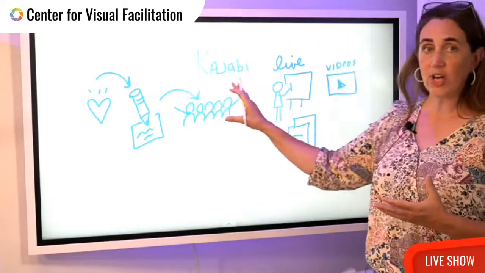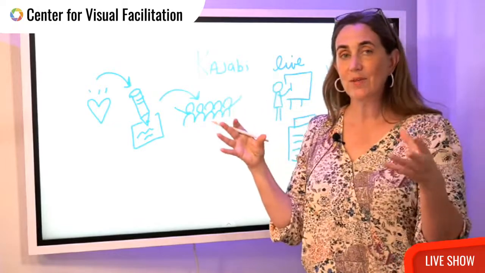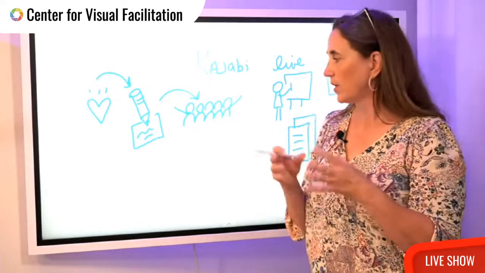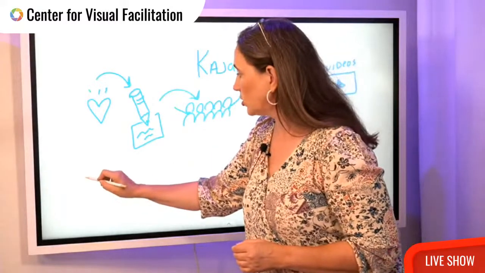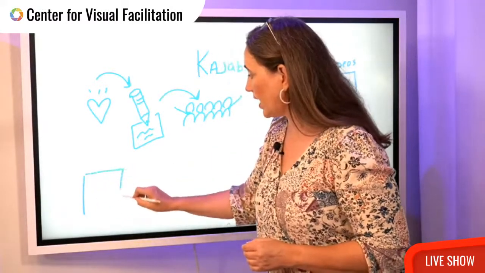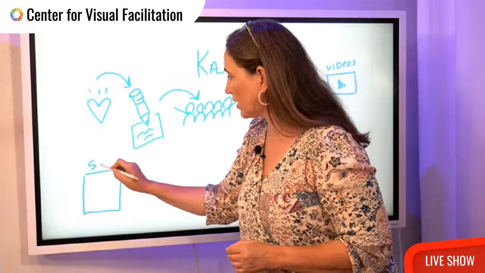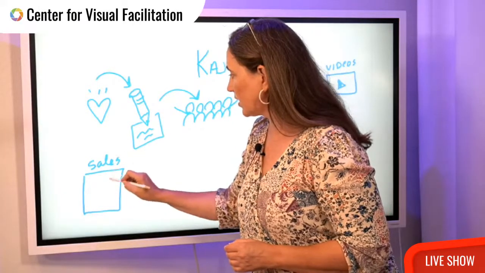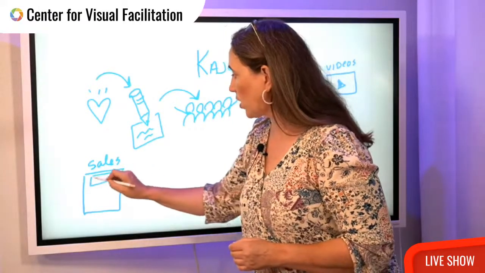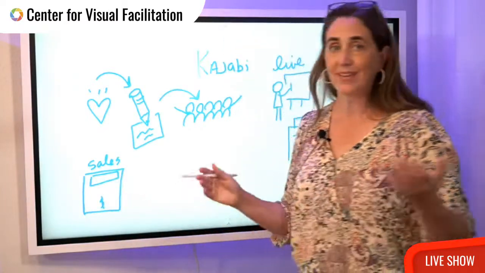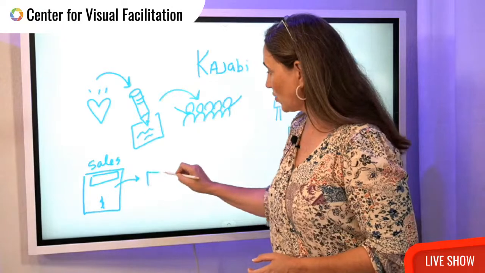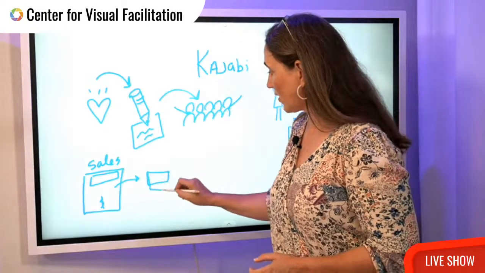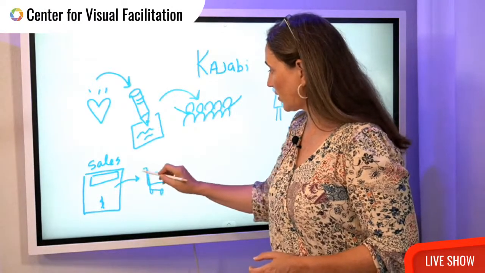So I found Kajabi, and what Kajabi does is it pulls a couple of things together. First of all, it helps me to build a page. This is called a sales page. The sales page is where I can tell you what course I'm teaching and how much it is. Then you need a place to have someone check out, so you need a shopping cart.